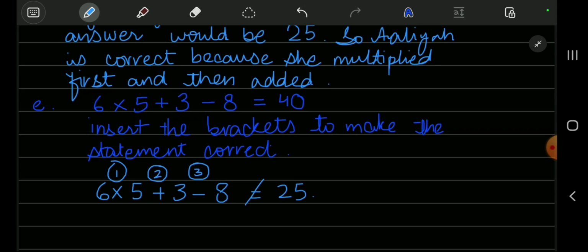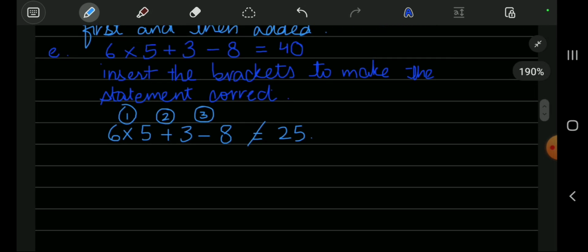We are not doing this. So first let's think. I'm writing the statement again. Let's see what if we put a bracket over here. 3 minus 8 would be minus 5.